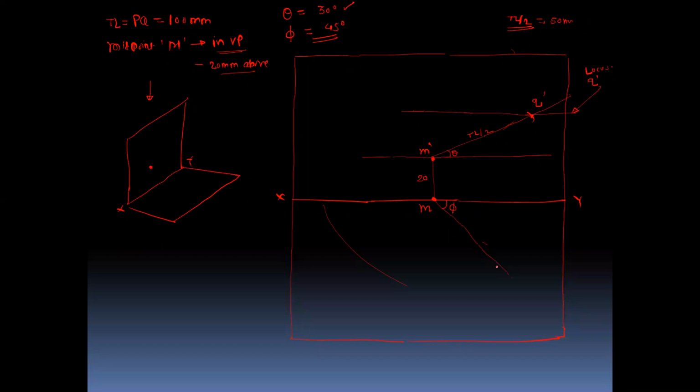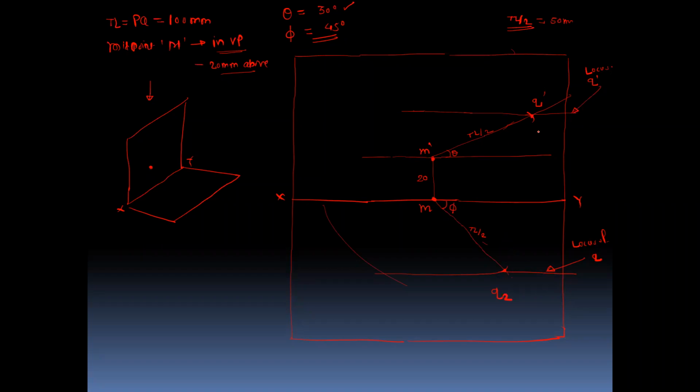On this line, mark the distance, which is true length upon 2, that is equal to 50. Okay. So this point is the Q2 point. This is not actually the top view, but from this point, if you draw one horizontal line, this is the locus of the Q. Okay.